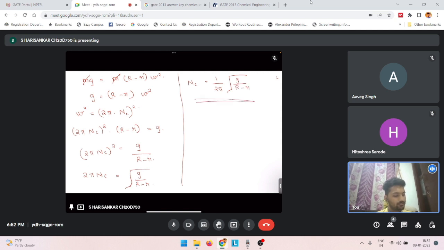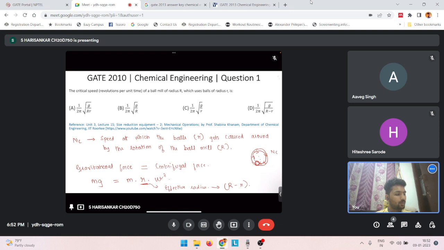And this will be the equation for the critical speed of a ball mill. Among the options given in the question, option D satisfies this equation. So for this question, the critical speed of a ball mill is given by option D, which is 1 by 2 pi into root of g by (R minus r).